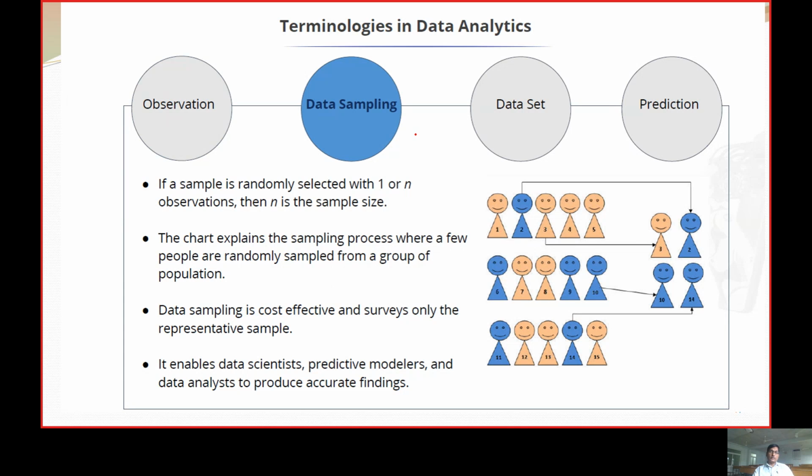Of course, there is data sampling, and there are a lot of methods in data sampling. One of those categories we call random. Randomly we take one sample here. I take 1, 2, 3, 4 in the brown, in the orange color, and that is taken as a sample. Similarly, we pick up the blue color sample.